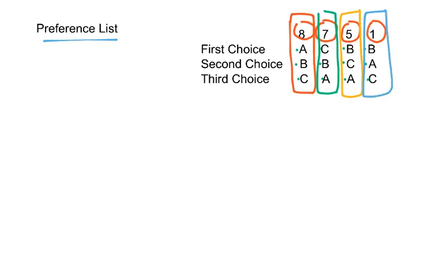So altogether, we don't just have 4 voters here, we have 8 plus 7 plus 5 plus 1. We've got a total of 21 voters represented in this preference list.